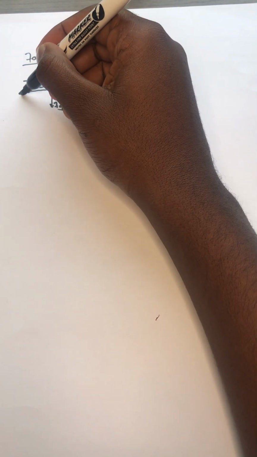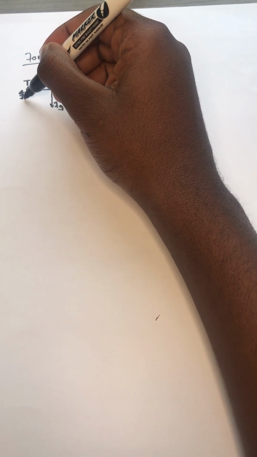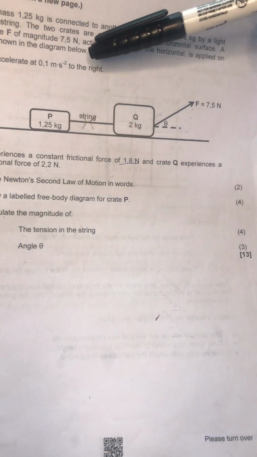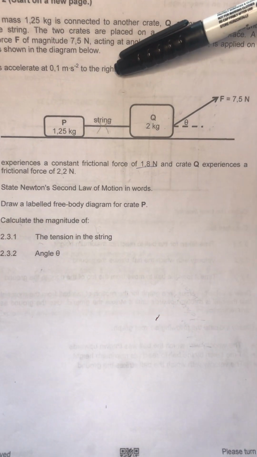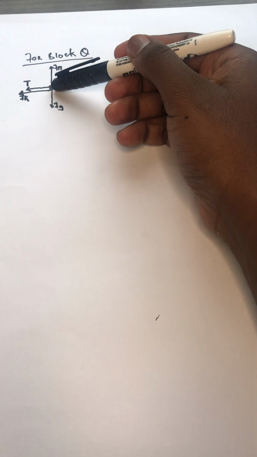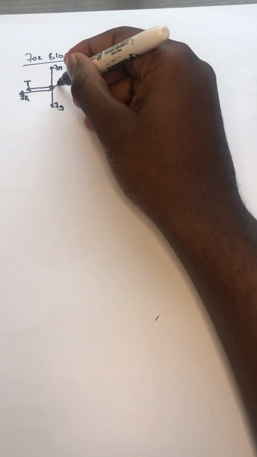Remember, friction is a force that opposes motion. The crate accelerates to the right, so we should put the friction to the left.